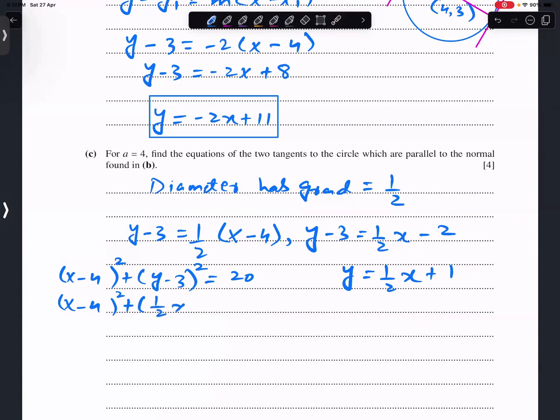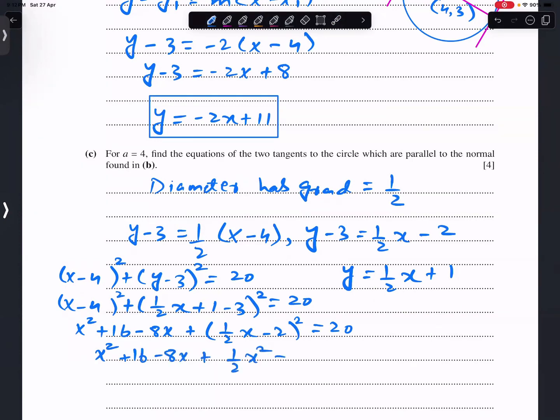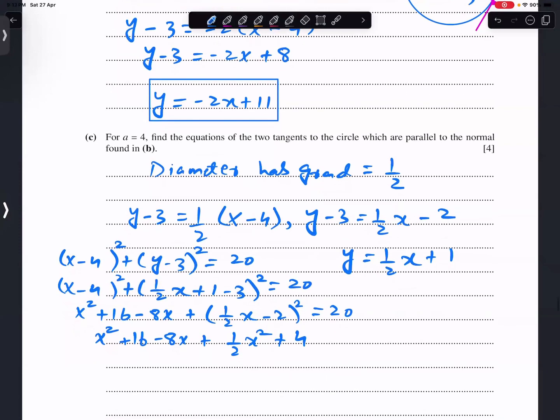So (1/2 x plus 1 minus 3) whole square is equal to 20. So x square plus 16 minus 8x plus (1/2 x minus 2) whole square is equal to 20. So x square plus 16 minus 8x plus 1/2 x square plus 4, plus 2ab, so that will be minus 2x is equal to 20.